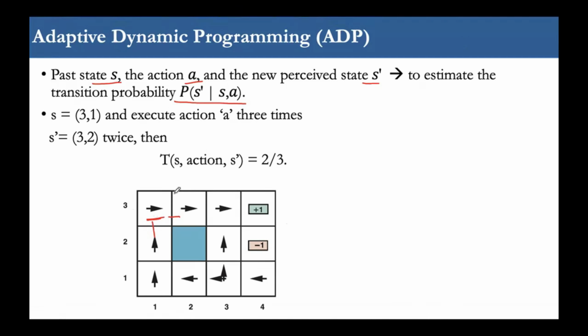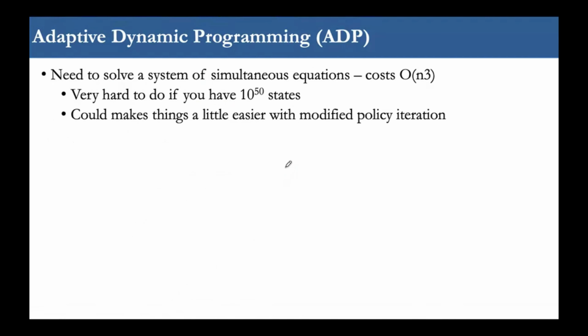So now what is the transition probability? The transition probability will be 2 by 3 because 2 times you are moving to the next state 3, 2. Here we need to solve a system of simultaneous equations, and so it costs order of n power 3, and it is very hard to do if we have 10 power 50 states. It could be made a little easier with a modified policy iteration algorithm.